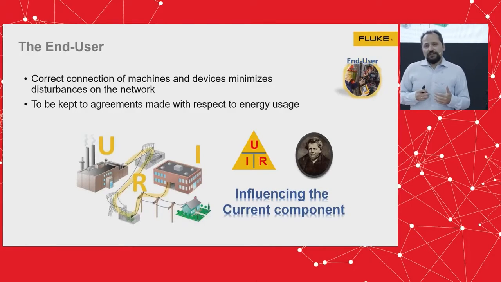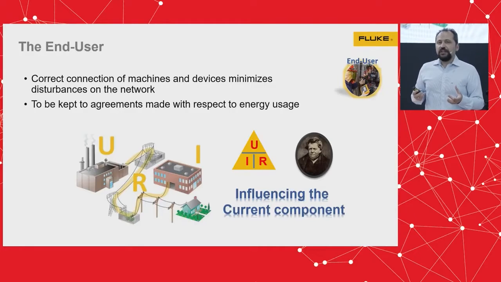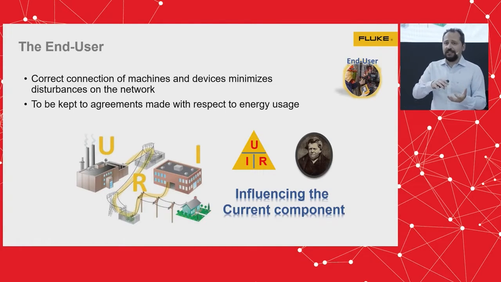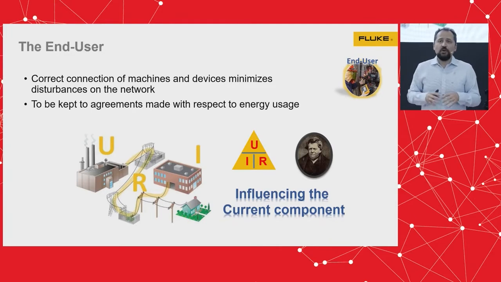And it's not only the amount of current being drawn by the end user, but also the number of equipments being connected to the system, which play with each other, creating their own kind of subsystem. That can interact with the electrical distribution system, creating some issues that may potentially be translated to other users, or even translating into some of the issues that we will be checking right now.